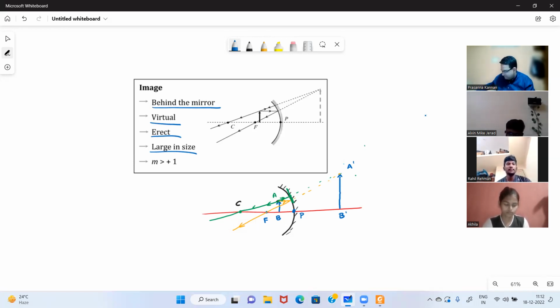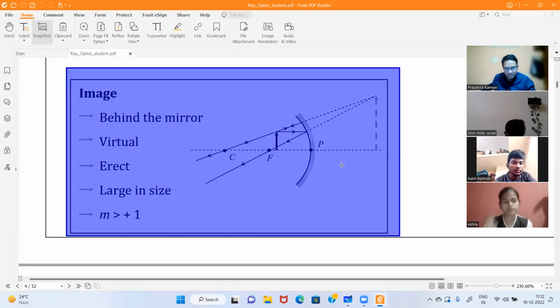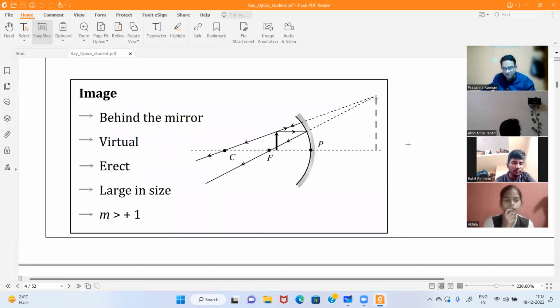Yes, sir. So this is the next one. Only one case in the concave mirror gives a virtual image. In all other cases, you get a real image, correct? Yes, sir. Is it clear? Yes, sir.